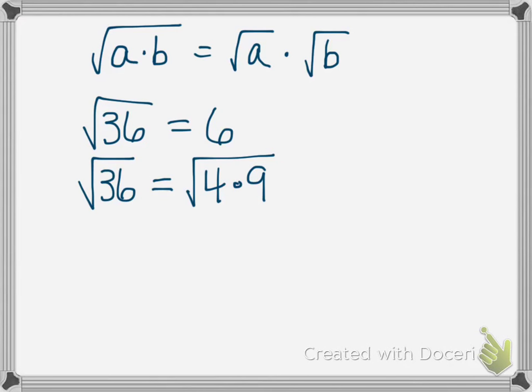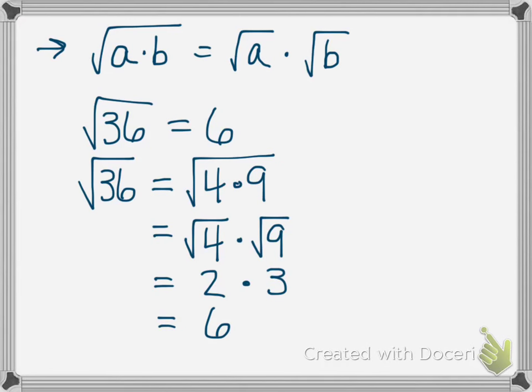All right, and then I can simplify this according to this rule up here, and write it as the square root of 4 times the square root of 9. Those are both perfect square factors, which is kind of cool. So the square root of 4 is 2, the square root of 9 is 3, and so that equals 6. Okay, so I broke it apart a different way.